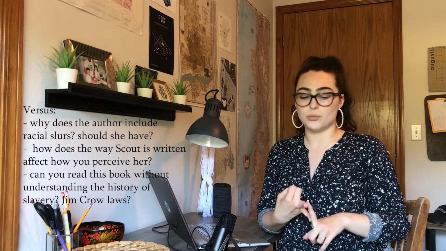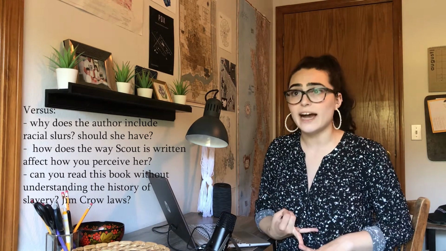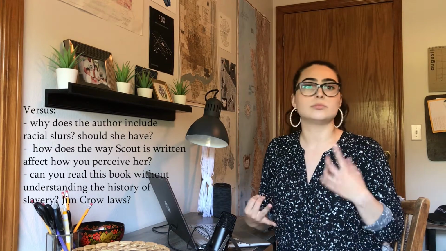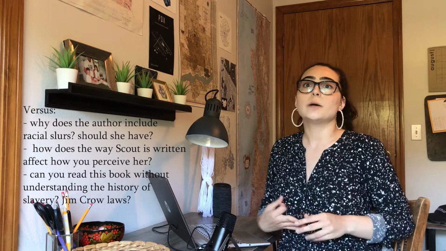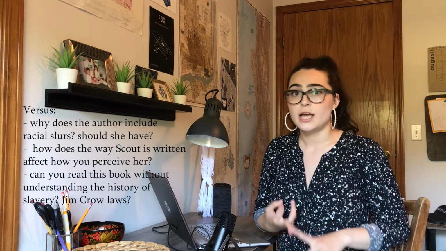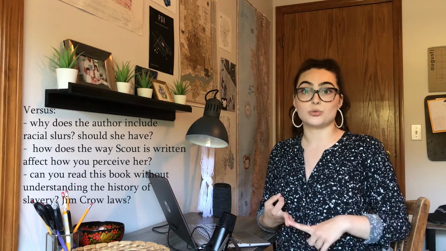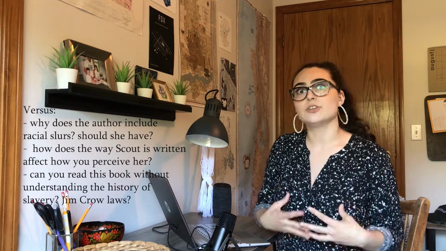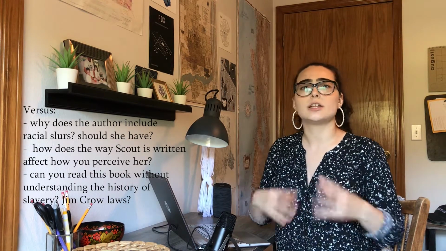What is it like to look at the character of Scout and the gender roles? What does it mean to read a work of historical fiction, but not talk about the actual factual history surrounding it, or things like that, right?